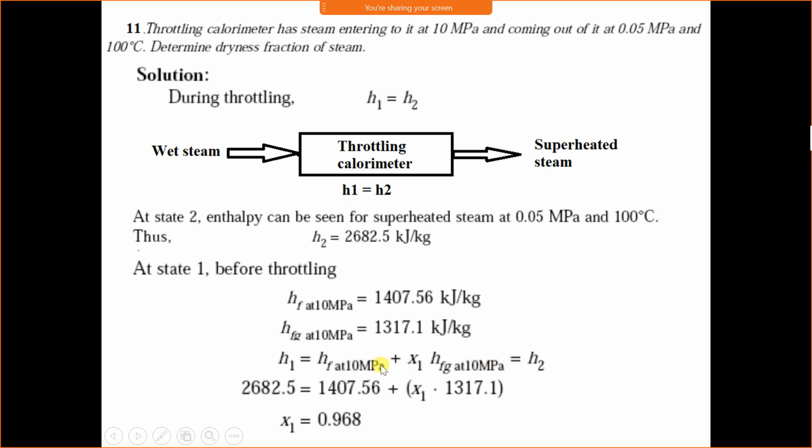So at 100 bar, from the steam table, the value of HF is 1407.56 kilojoule per kg, and HFG at 100 bar is 1317.1 kilojoule per kg.